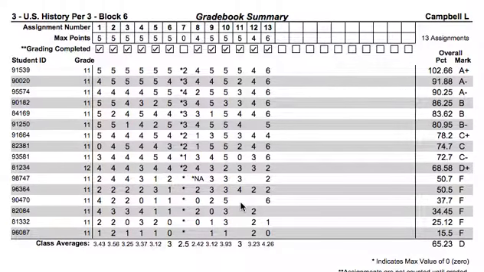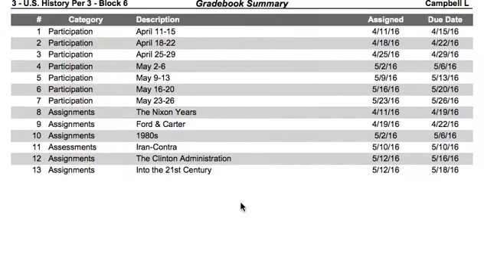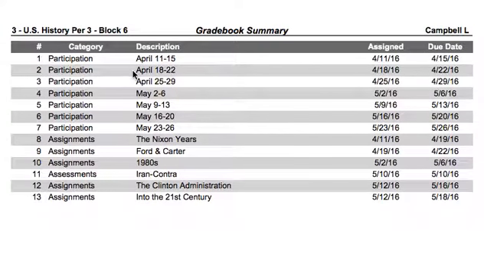Now let's see what assignment that is. Once again, I look at the assignment key, and assignment 11 was the assessment on Iran-Contra. So this student did not take the assessment on Iran-Contra.